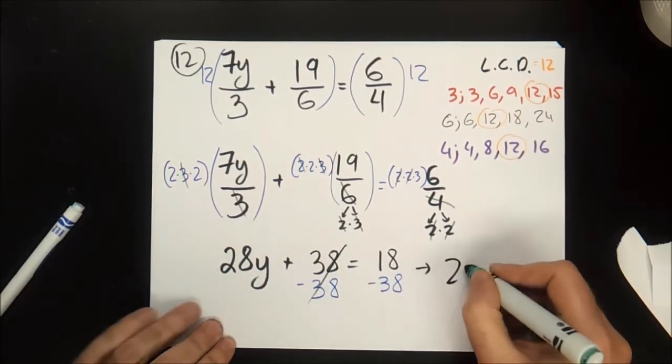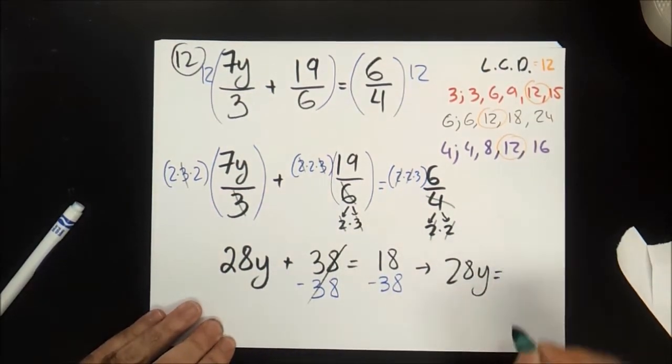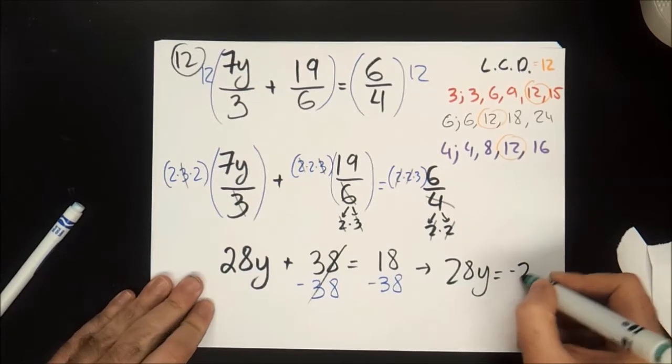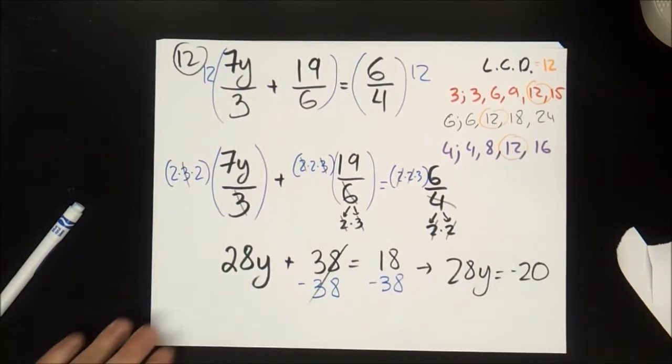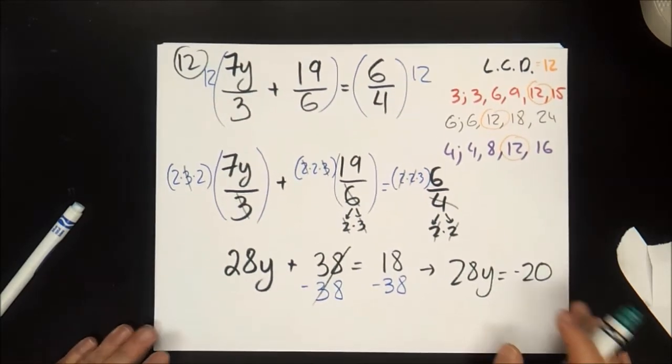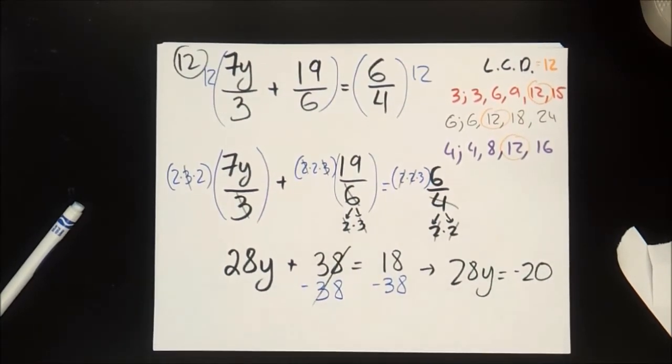We have 28y equals 18 minus 38. That's negative 20. Again, 18 minus 38, that's negative 20. If this is still confusing you, you need to go and look at some of my earlier videos from chapter 1 to know why 18 minus 38 is negative 20.